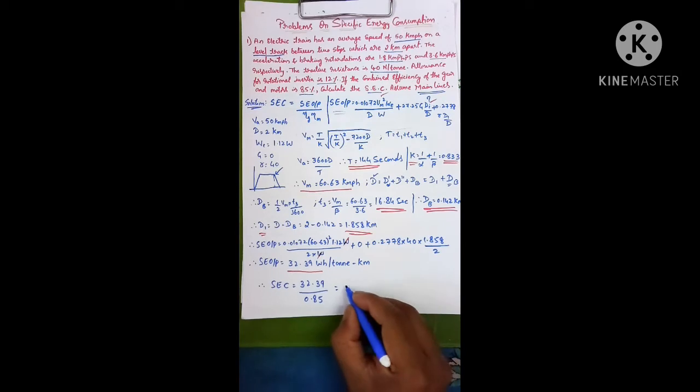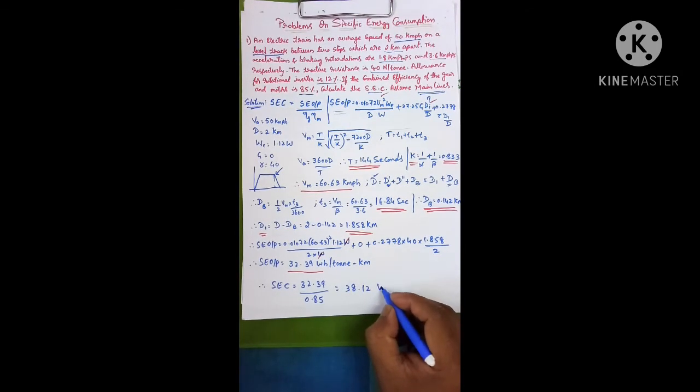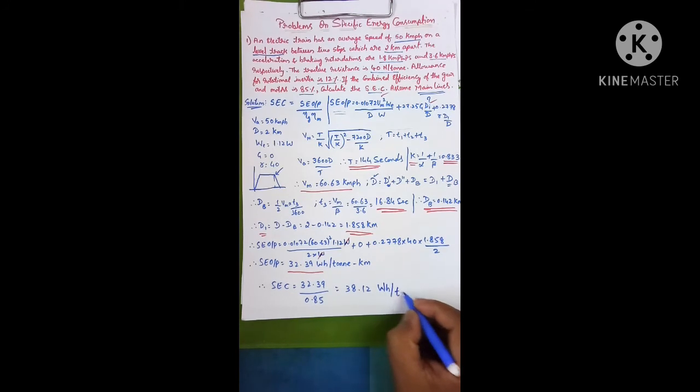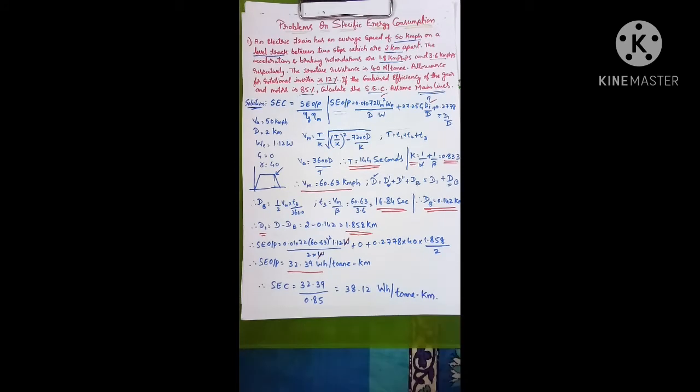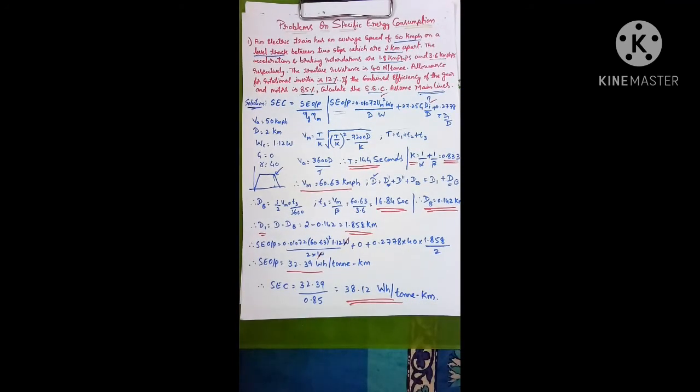Simplify it and we get 38.12 watt hour per ton kilometer. So this is the answer for the question. The specific energy consumption of the train is 38.12 watt hour per ton kilometer.